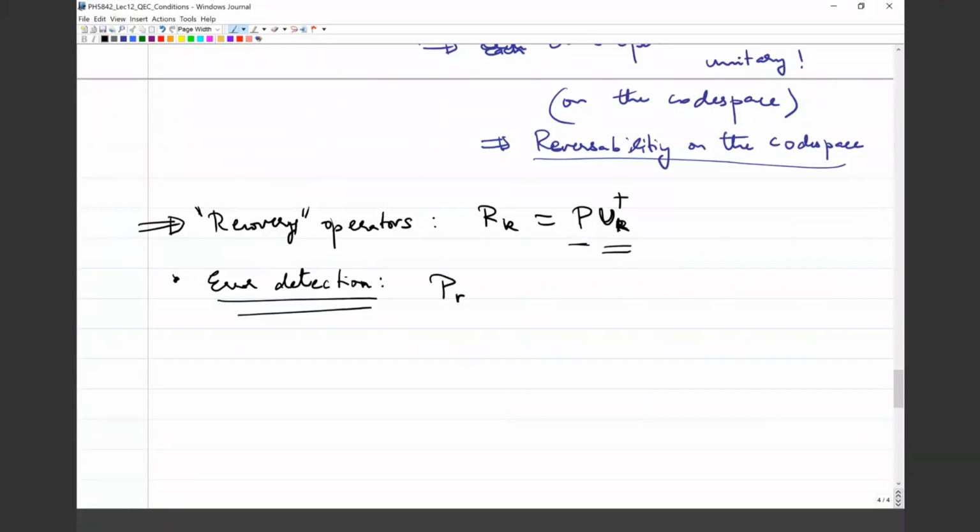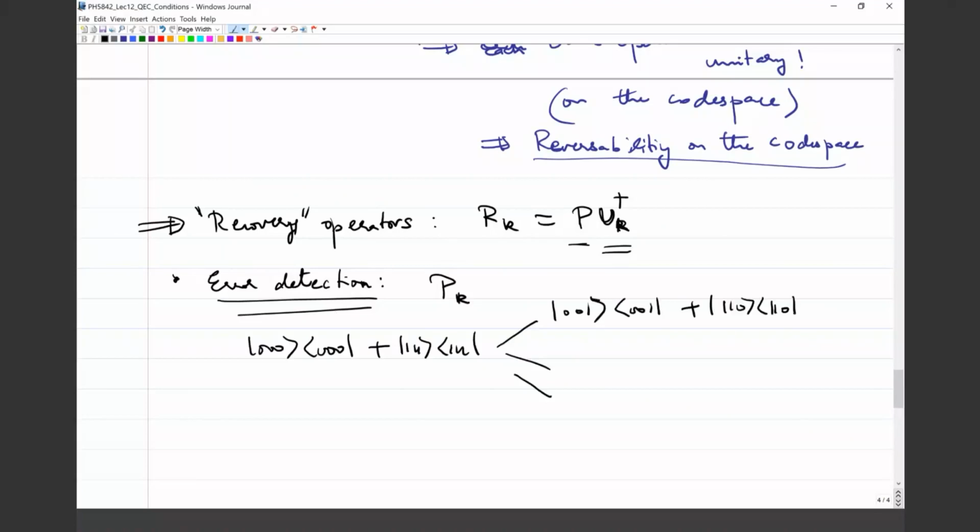If you remember, we had constructed these different subspaces, right? So if I go back to the 3-qubit bit flip code, then I had constructed projectors like this based on where the error occurred. So if the error occurred on the 3rd qubit, this is the projector associated with that subspace onto which the error maps the code space, right?